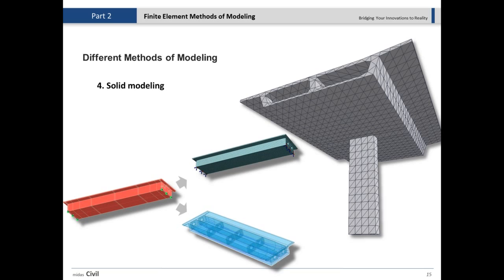In Midas Civil, we have a tool so that if you model the structure, for example your box, with beam elements in a spline model, you can simply convert the model into solid by exporting it into Midas FEA. So you can see how Midas FEA and Midas Civil work together hand in hand to provide such a detailed analysis.